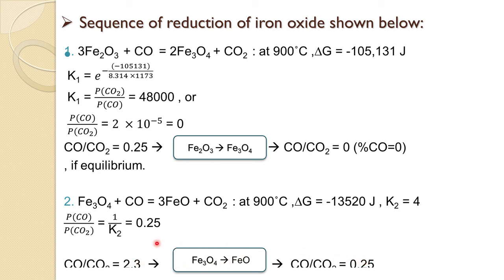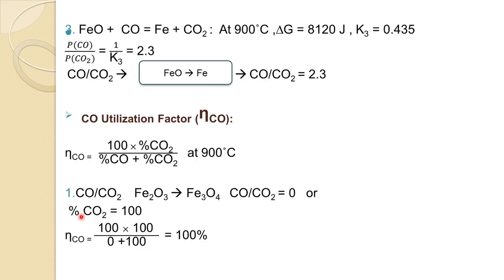So, this is also quite enough to reduce magnetite into FeO, because the equilibrium constant dictates 0.25, the ratio of this. And after wustite, again it reacts with carbon monoxide and gives iron at 900 degrees Celsius, and this is your free energy.